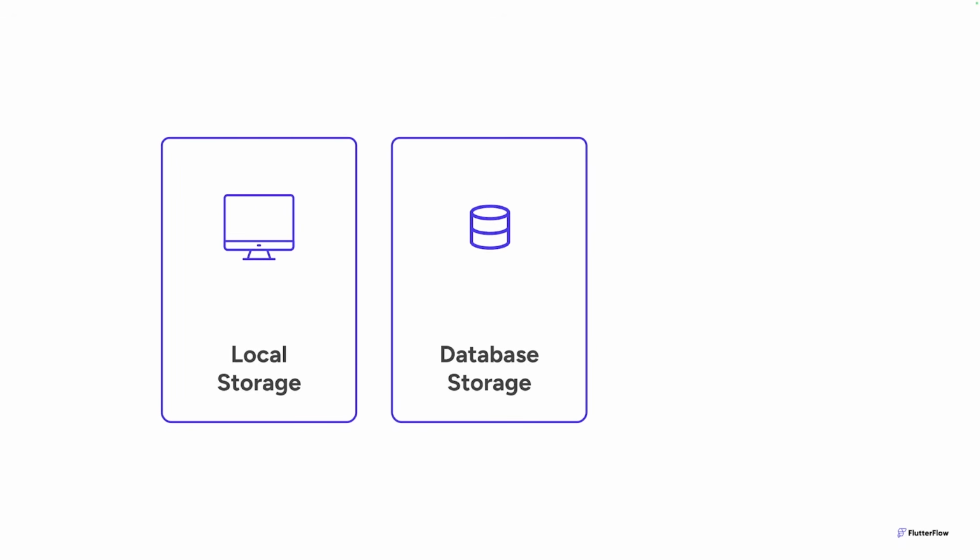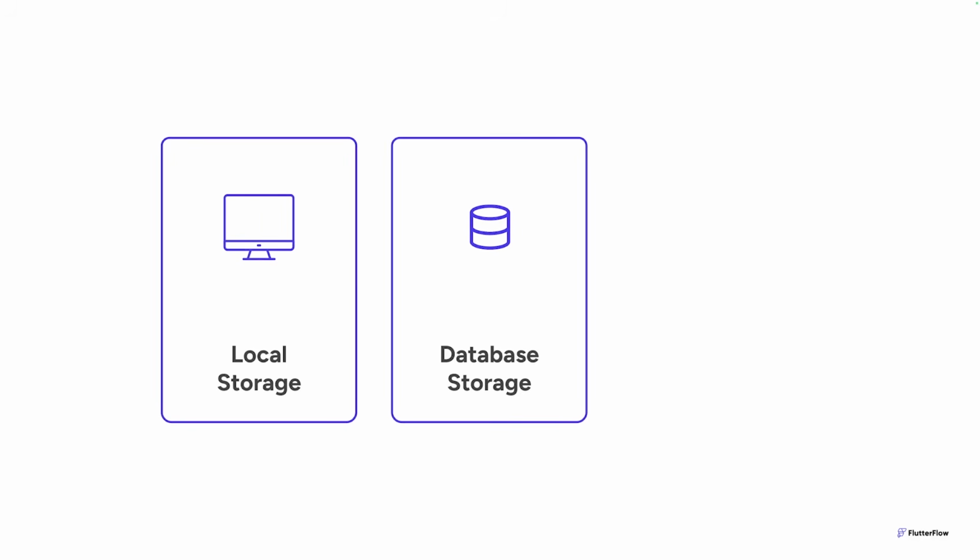Local storage stores small amounts of data, such as user preferences or simple app states. For example, your preferred theme mode can be stored locally for quick access. A database is often used for complex data storage needs, such as user data or app content.